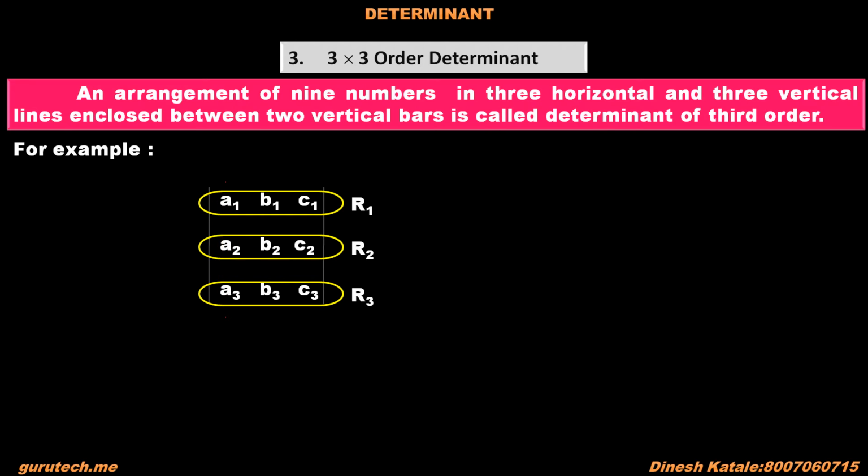Similarly, elements a1, a2, a3 are in first column known as C1.